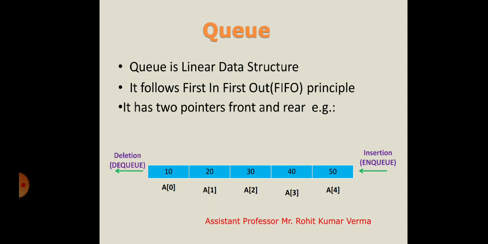Our fourth operation is full, which is used to check if the queue is full or not. Our fifth operation is empty, which is used to check if the queue is empty or not. So this is our brief description regarding the queue and its operations.